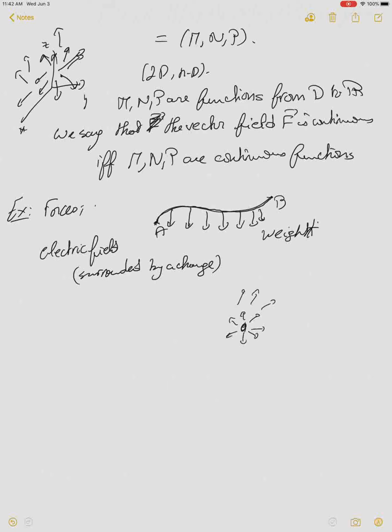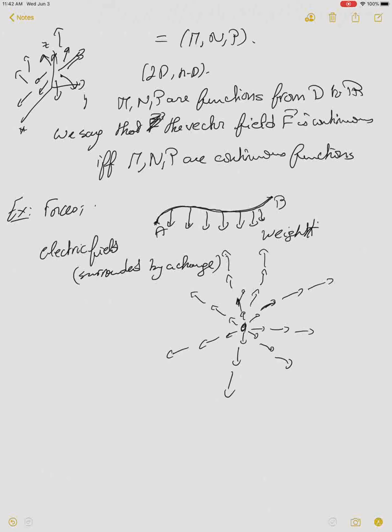Whether there are points around it or not, at each point in space I have an electric field, which is inversely proportional to the distance.